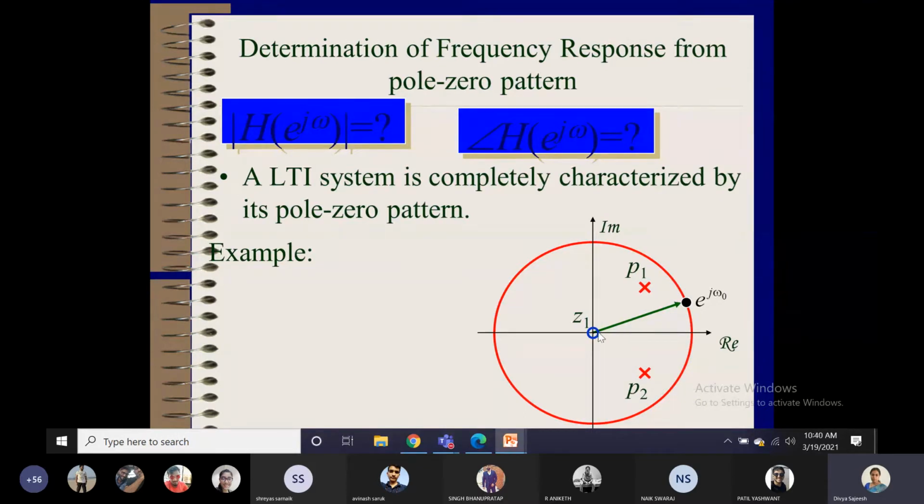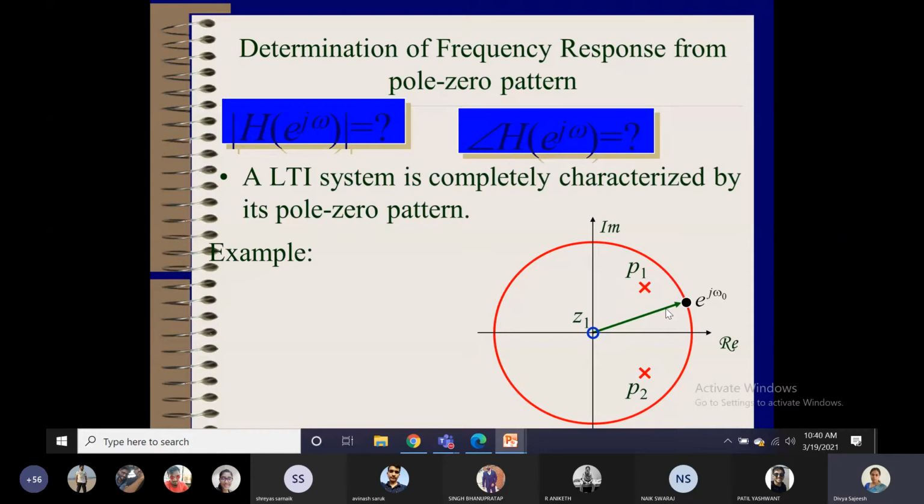So let us mark that black dot, that is here e raised to j omega, where you are finding out the frequency response by putting z equal to e raised to j omega. So you are just measuring the distance of the zeros to that point, which is denoted by a green arrow.